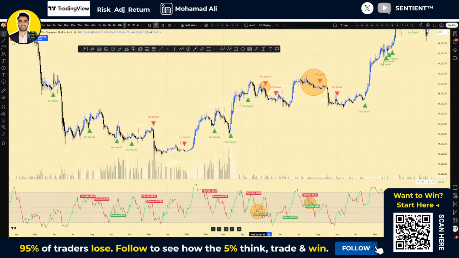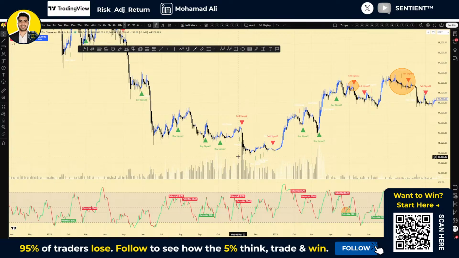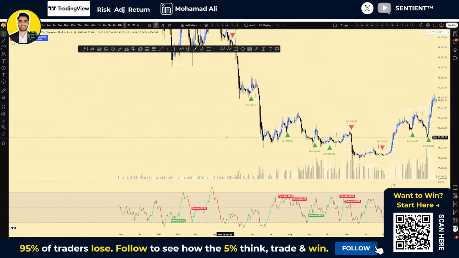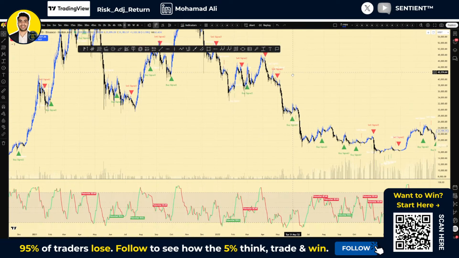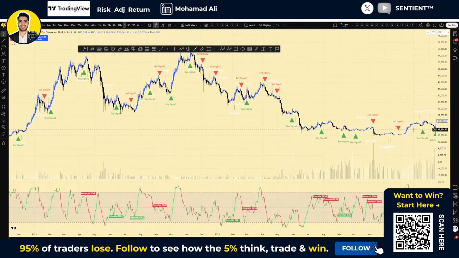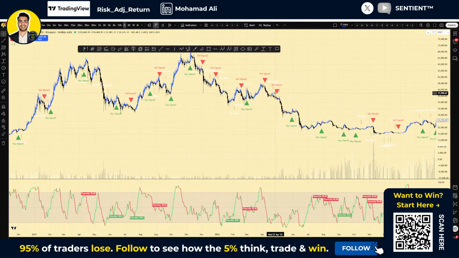Over here gives us a buy. So we can see clearly a sell, a buy. Let's see if we can find more conflicting signals over here. Over here, potential one.